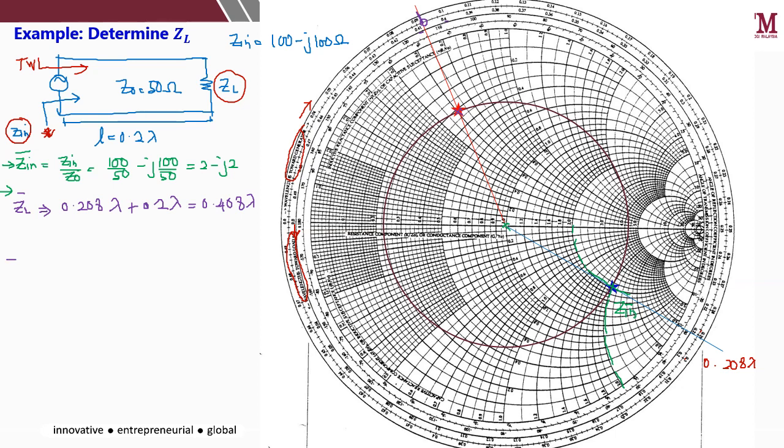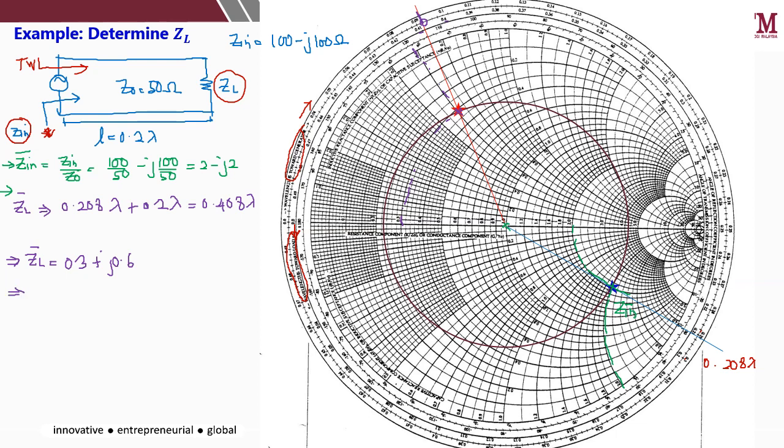So in this case, from the graph, your normalized Z load equals this line is 0.3, and then it's on top, so plus j, it's here 0.6. Okay, so this is normalized ZL.